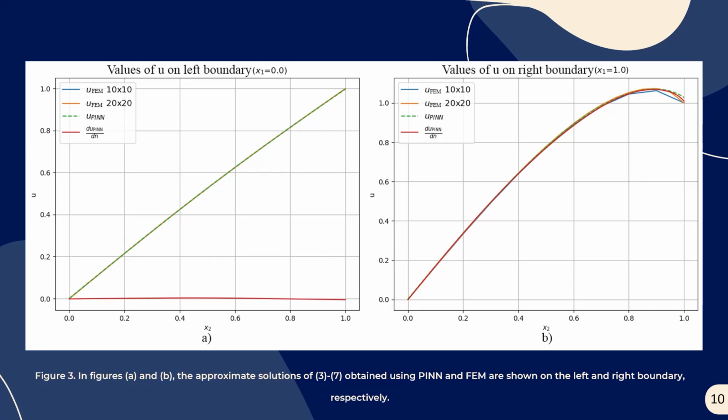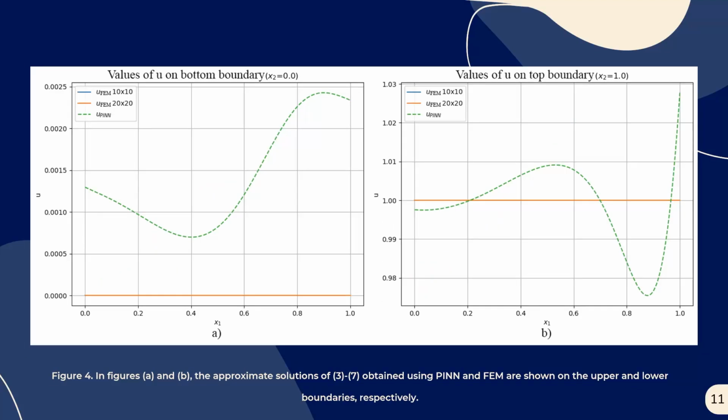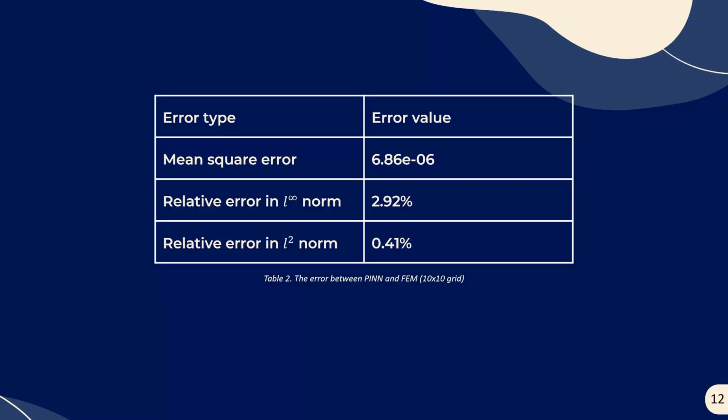Also, the normal derivative of U obtained using the PINN is shown, which on the left plot is equal to 0 and on the right plot is equal to U. On these plots, approximate solutions obtained by FEM and PINN are shown on the top and bottom boundaries, where we set 0 and 1 Dirichlet boundary conditions. The PINN solution has approximately 2.9% relative error in L-infinity norm. It is compared with the FEM solution on a 10 by 10 grid.